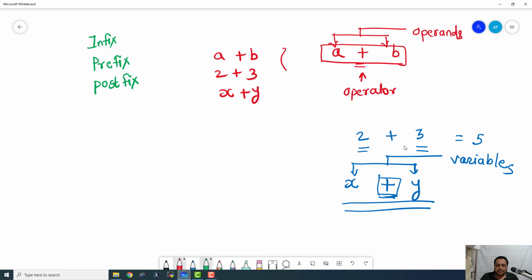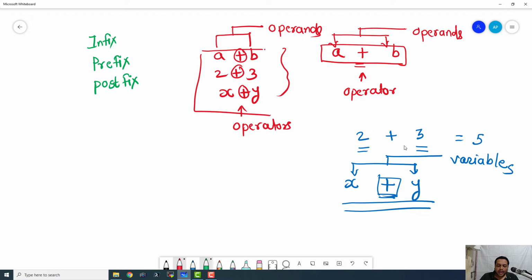In all these examples, we can see that the operator is in between the operands. So these are operands again, and these are operators. And this format is most recognizable to everyone because we can immediately understand what this line wants to convey.